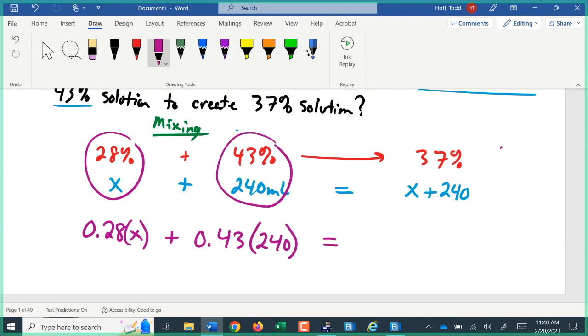And so then the solute from those two ingredients has to add together to equal the solute in the final solution. 37% is 0.37 times a volume of X plus 240.